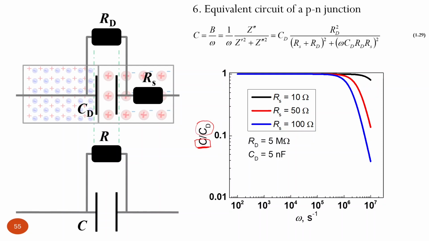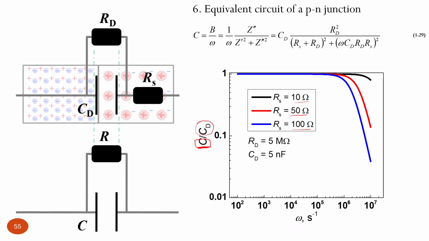And now I simulated this for you with different values of series resistance. So we have 10 ohm, 50 and 100 ohm of series resistance. And we see that for 100 ohm, it's relatively high series resistance, but still quite normal, we have a very strong frequency dependence of this ratio.